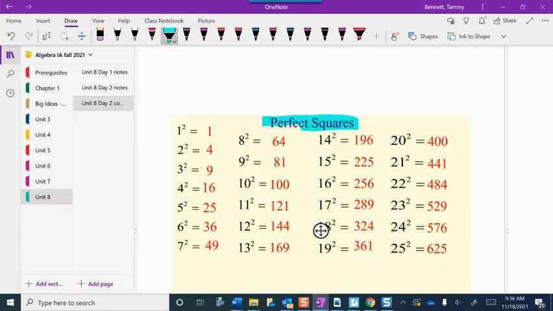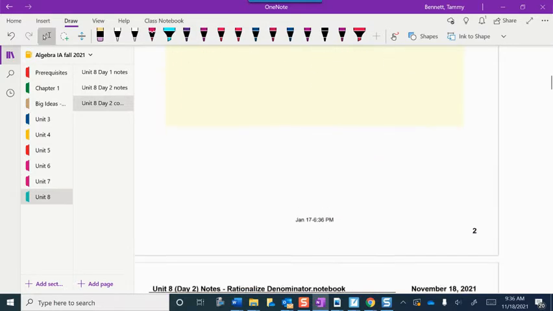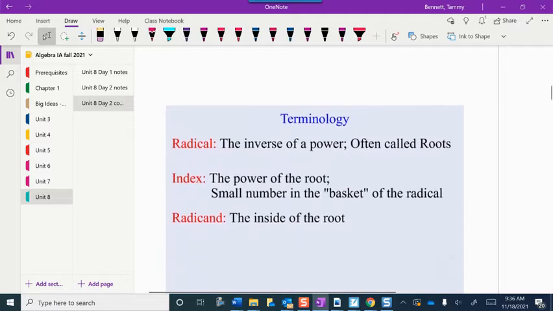So the perfect squares are numbers to the second power or squared. So 1 squared is 1, 2 squared is 4, 3 squared is 9. So these are my perfect squares. The list in red. Kind of look at those and be able to refer back to these when you need to, when breaking down square roots.